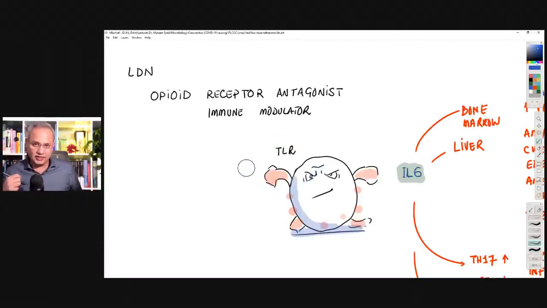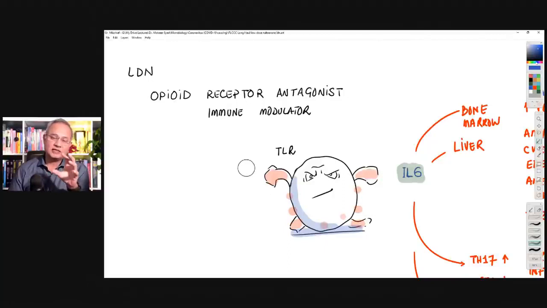So toll-like receptors or TLRs are receptors present mostly on our innate immune system. We know that the immune system is divided into two parts, innate and adaptive. The innate immune system has cells, for example, monocytes and macrophages and dendritic cells and neutrophils and NK cells, mainly these cells.